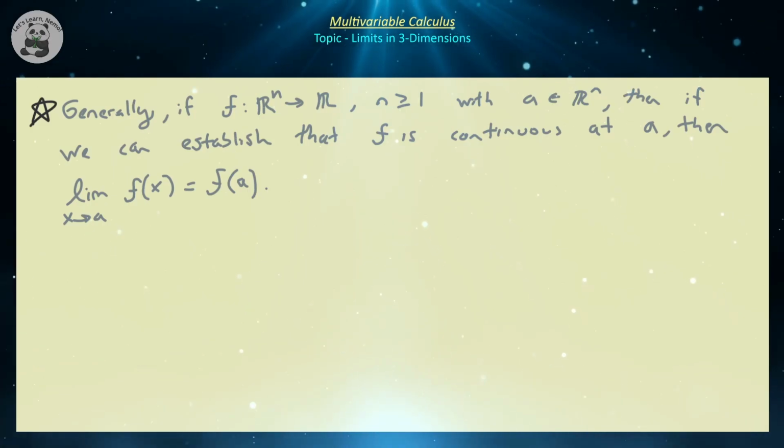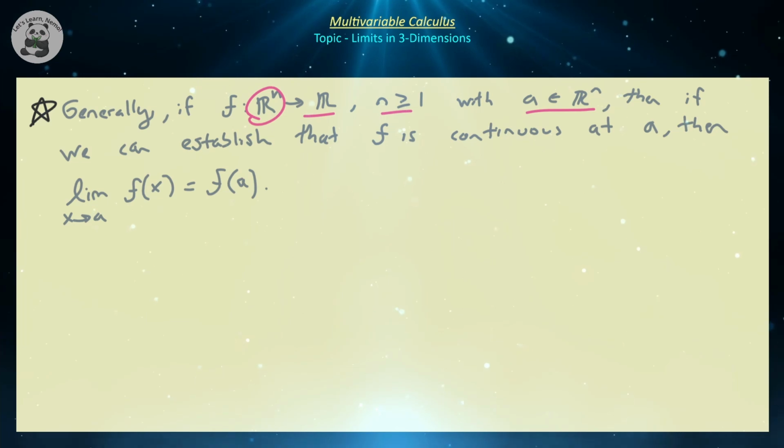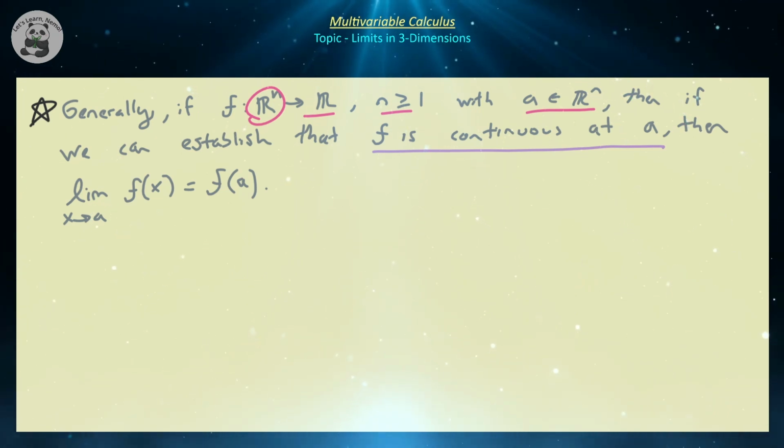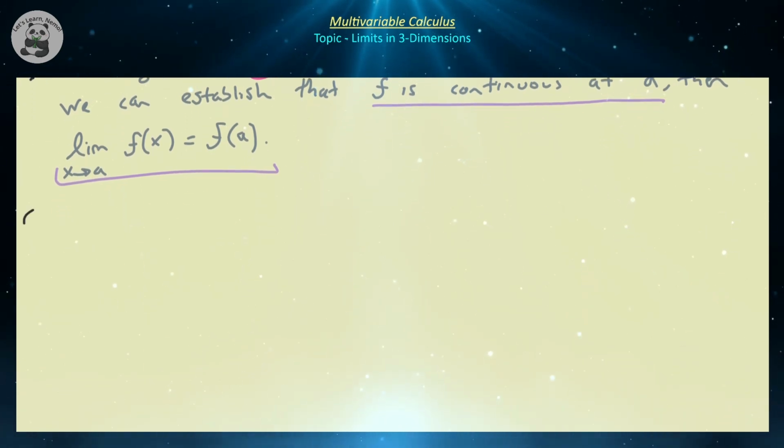So using the previous example as sort of a guiding light, if we have a function that maps, for example, Rn to R, so it has n inputs, not just 2, it could be 50 or 500, with n being greater than or equal to 1, of course, with a being a point or a vector in that high dimensional space, then if we can establish that f is continuous at that vector point, then we can say that the limit as x approaches a from any direction, regardless of dimension, should be equal to f evaluated at that point.